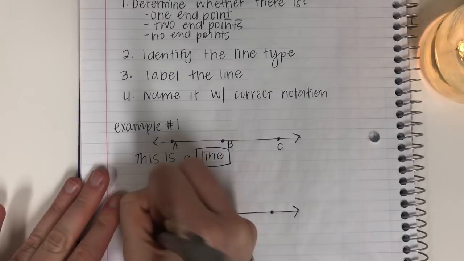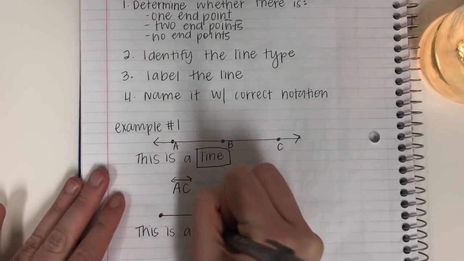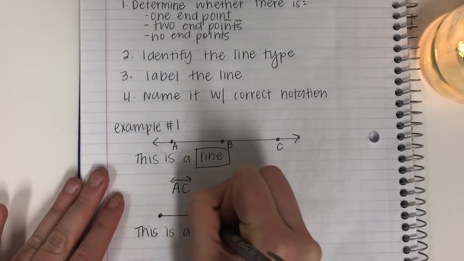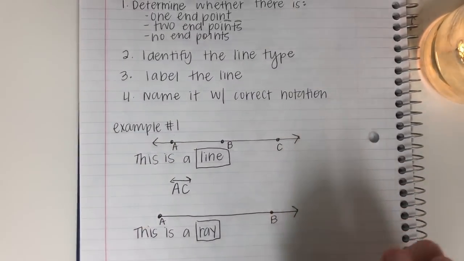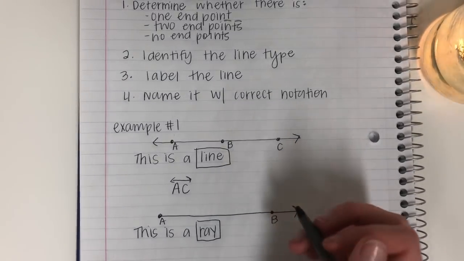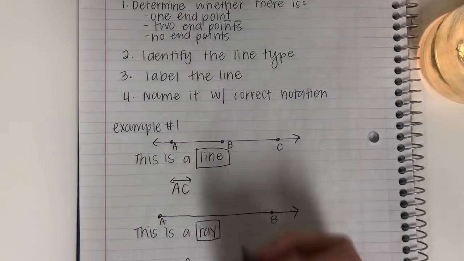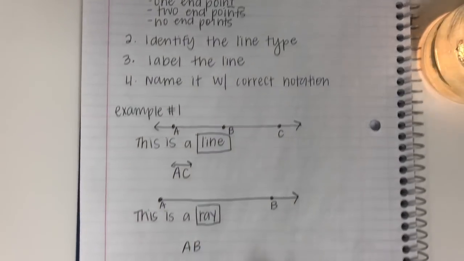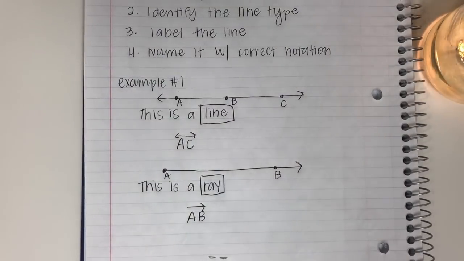So this is a ray, and then we have to label it. I'm going to do A and B, since there are only two, and then I'm going to draw my ray up top.